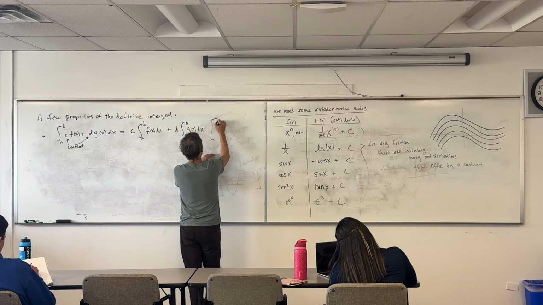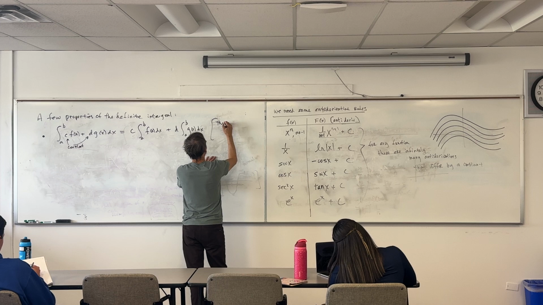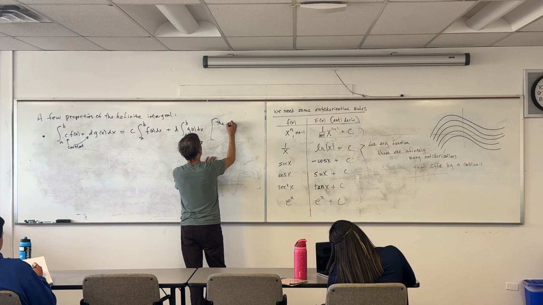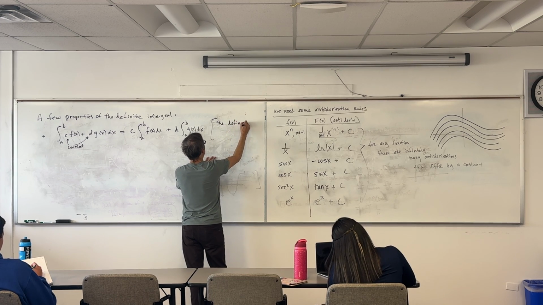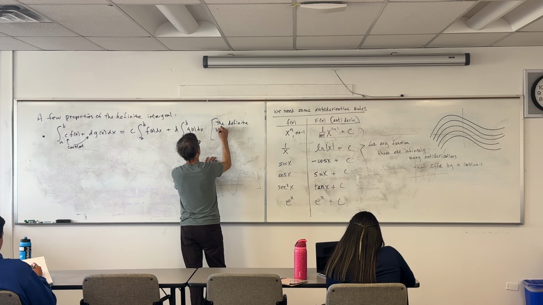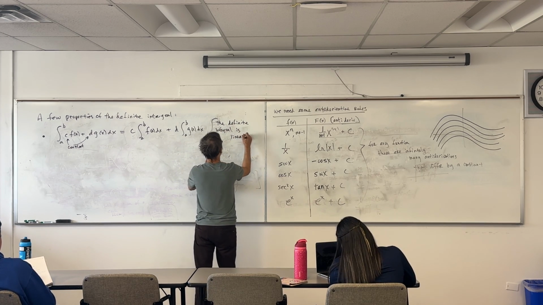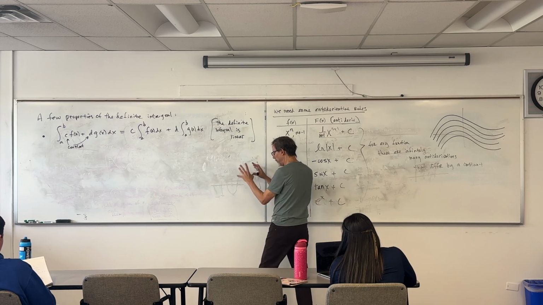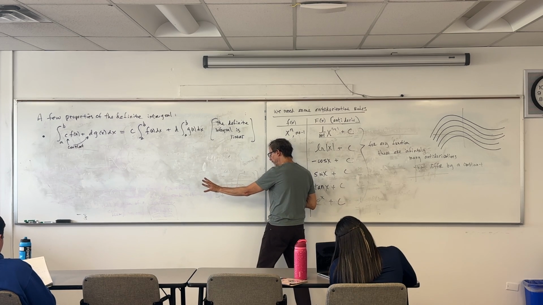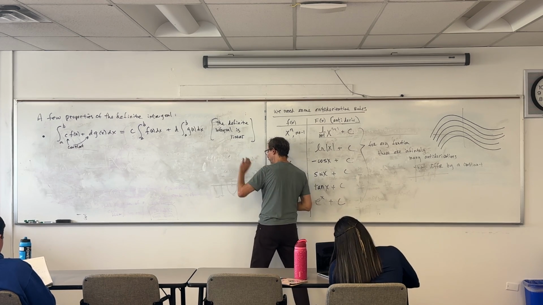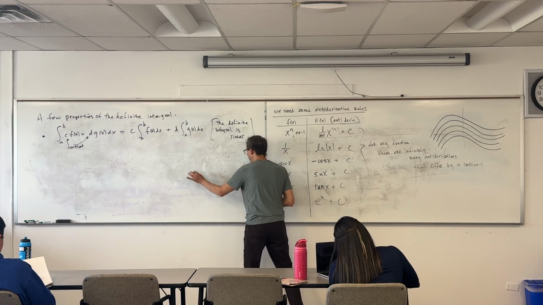This property is called, or to say that succinctly, the definite integral is linear. Linear just means you can break apart sums and differences and do the same thing to each part, and you can also pull constants out in front of the process.